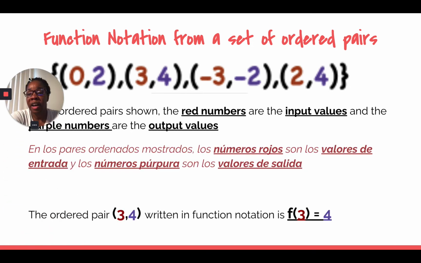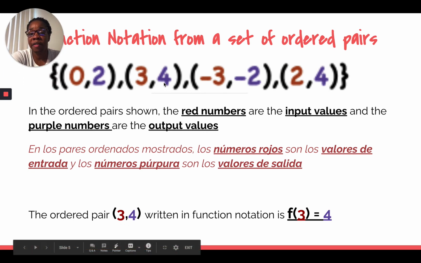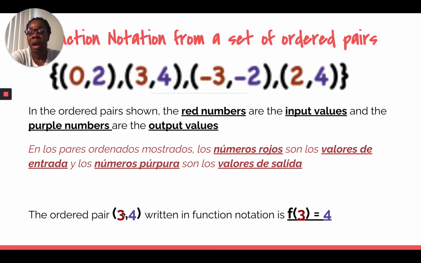Now, if I take the ordered pair 3, 4 as seen here, and I want to write it in function notation, my 3 is my input value, so that's what goes in my function, and the 4 is the output value, that's what goes out. Also, this may be something you are recalling, but these are coordinate pairs, points, where your first is your x coordinate and your second value is your y coordinate.